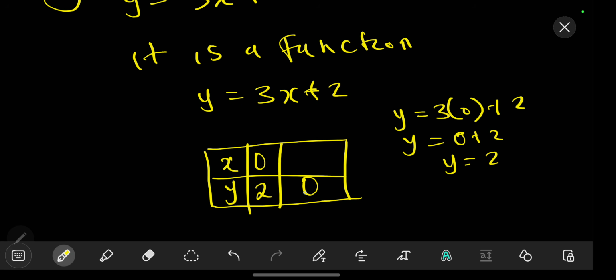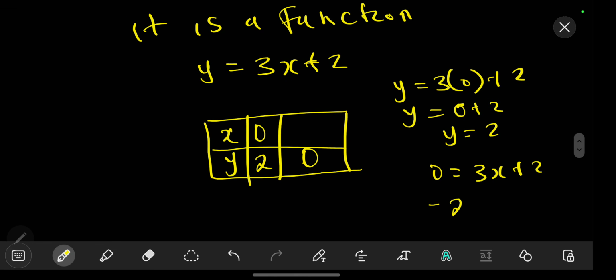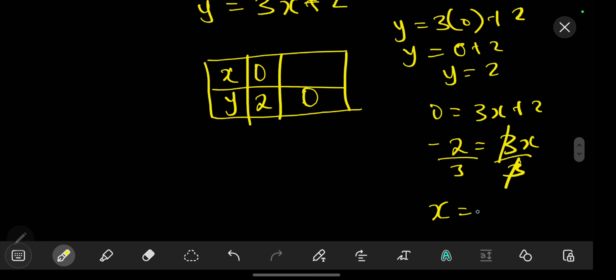Now when my y is equal to 0, where there is y here, I'll put 0 should be equal to 3x plus my 2. Taking the 2 to the other side, I'll have negative 2 equal to 3x. I divide by 3, I divide by 3. Then what I'm going to get is my x is equal to negative 2 over 3.